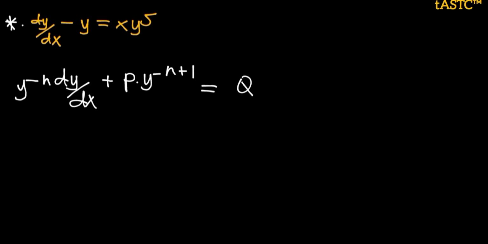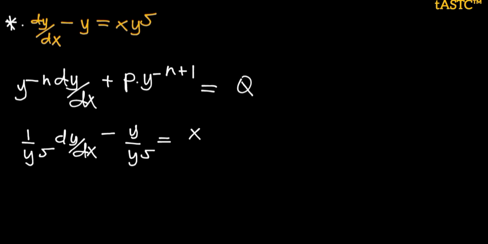Now, in this case, we do not really have y to the negative n for the initial equation, so we need to make that work. That is basically by dividing through by y to the fifth. So that is going to be 1 over y to the fifth on this part, dy dx, and this is going to be minus y divided by y to the fifth, and this is going to be x y to the fifth divided by y to the fifth.